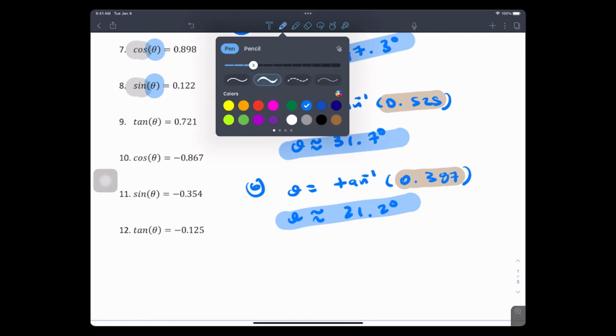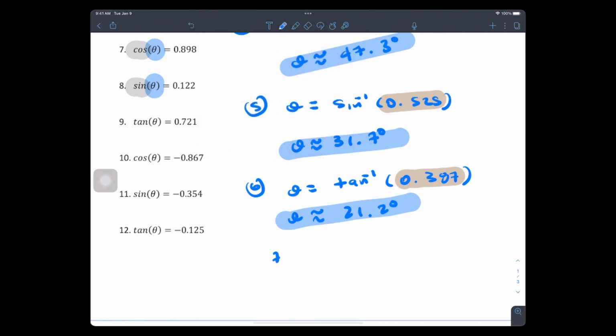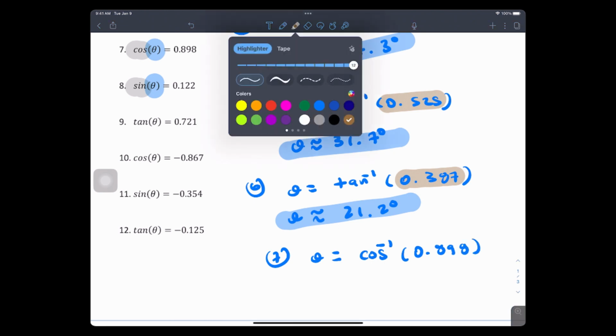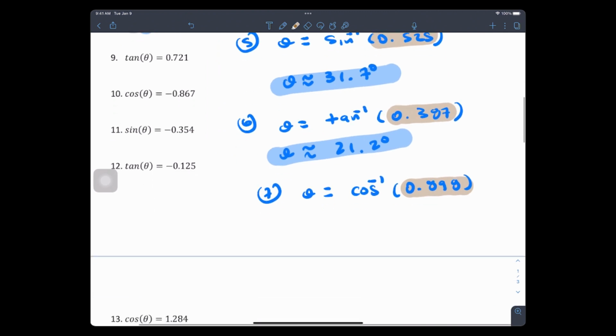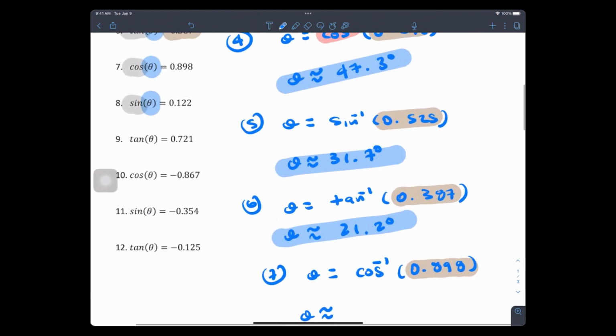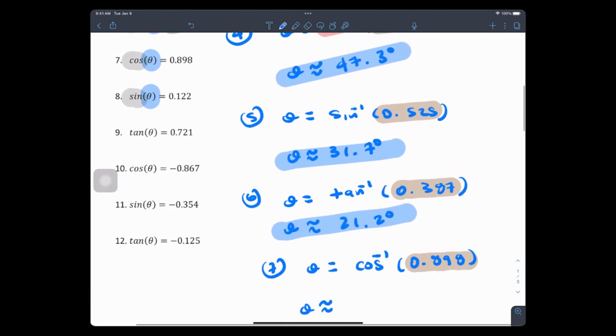So let's see, number 7 here is cosine, so we have to use inverse cosine, and then the number's 0.898 here. So for number 7 now, right? Cosine theta is 0.898.